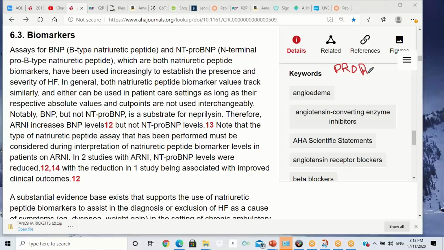And this is a sort of compensatory mechanism where when you produce the proBNP, that proBNP is cleaved to give you the NT-proBNP. That is your NT-proBNP.